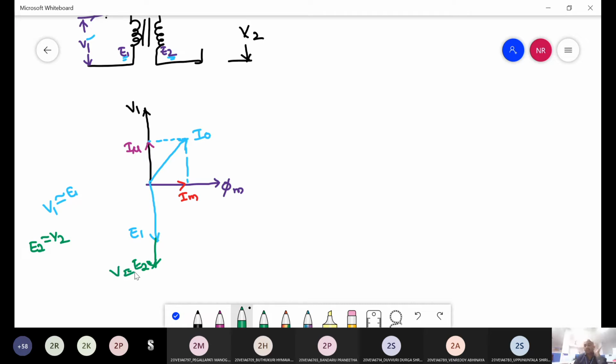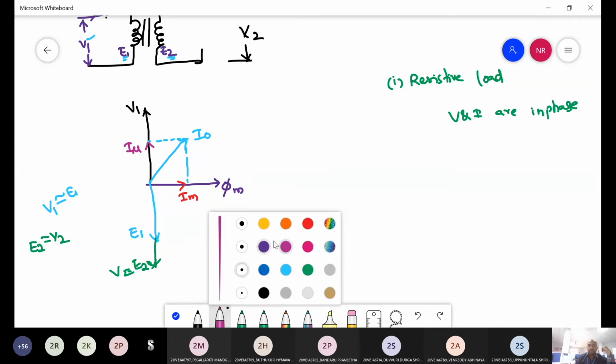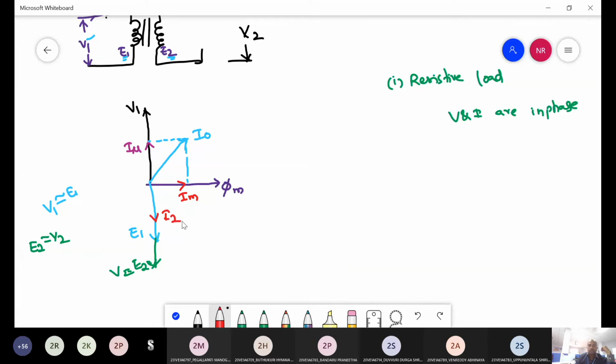So if the load is resistive load, in a resistive load, V and I are in phase. Yes or no? Yes, sir. Then where do we have to draw the I2 value? Here somewhere. Here it is I2, right?